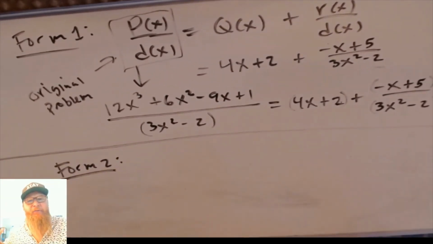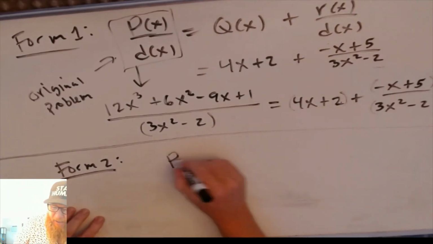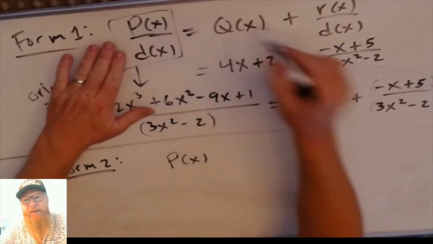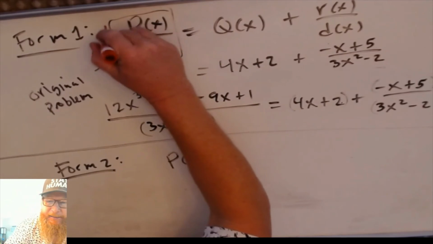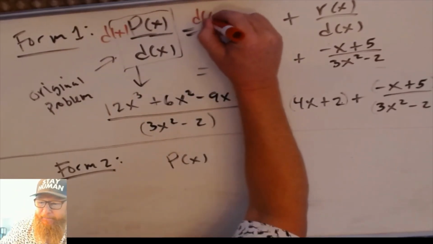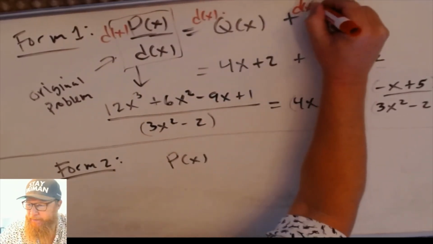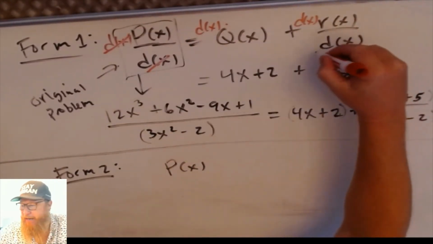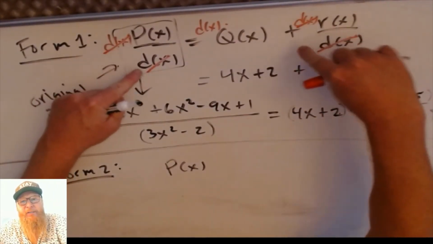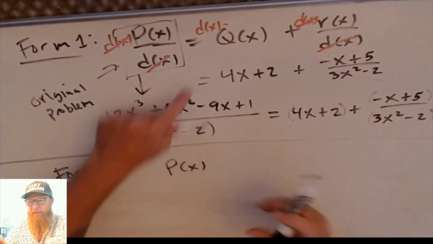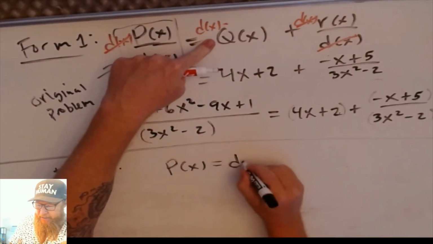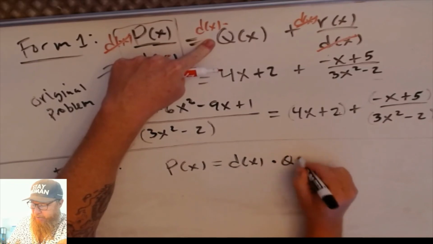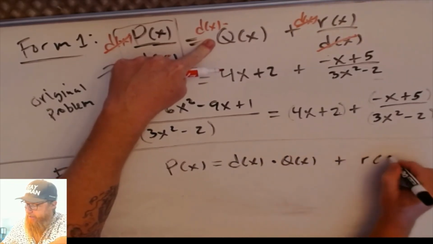The second form of the answer is where you multiply everything by d to get rid of the divisor. That cancels the divisor in these two positions. But then you end up with the divisor times the quotient plus the remainder.